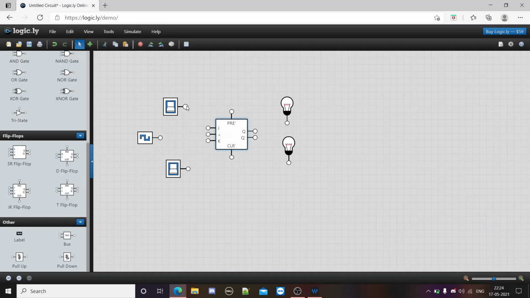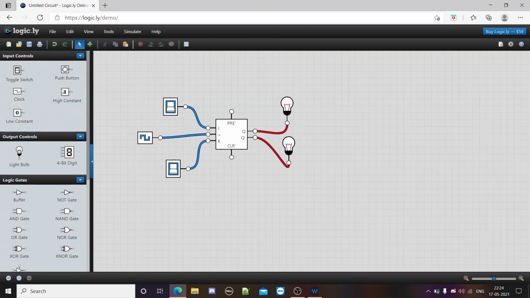In JK flip flop, the invalid state is modified into the inverse of the previous state. I forgot to give constant and push button.